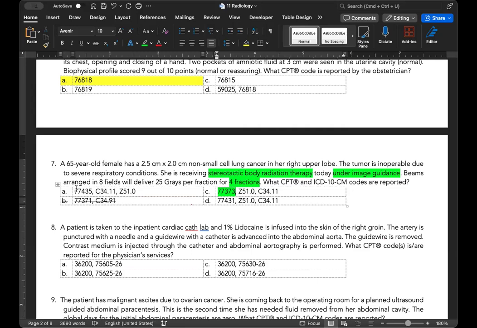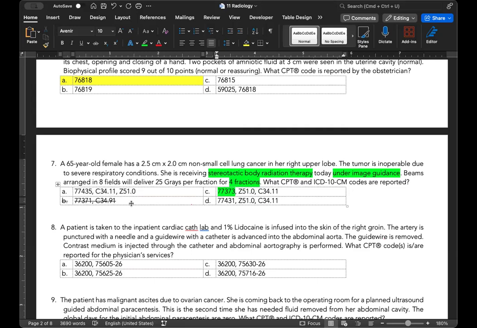So that management is where they are doing an exam. They're determining whether or not those fractions are correct, right? So the dosage of the radiation is correct. So it's very, very similar. You just have one word difference between 77373 and 77435. Treatment delivery versus treatment management. Okay, does everybody see that?